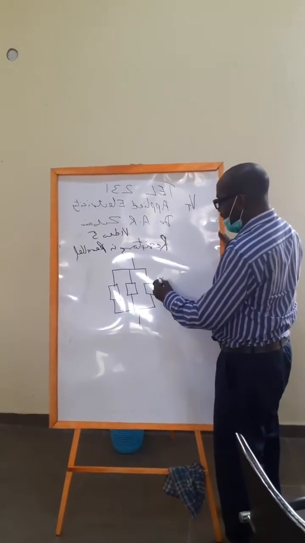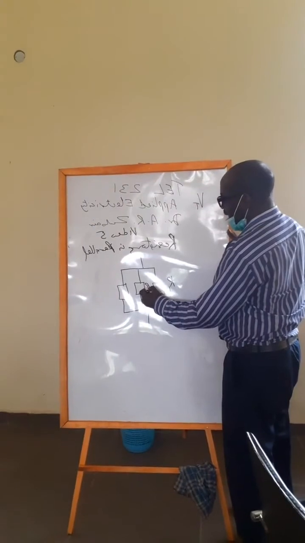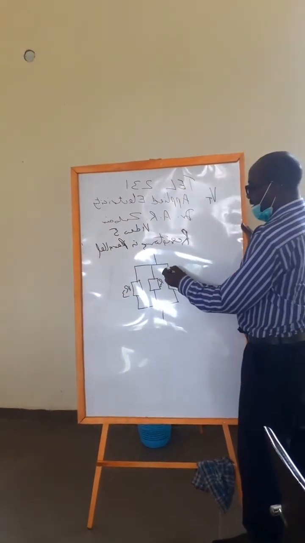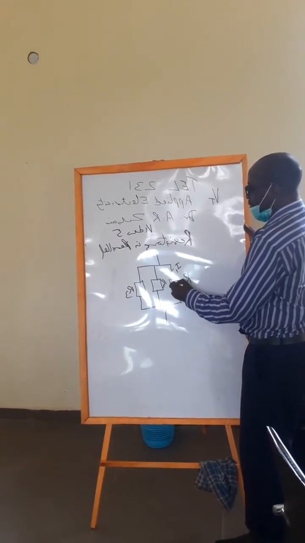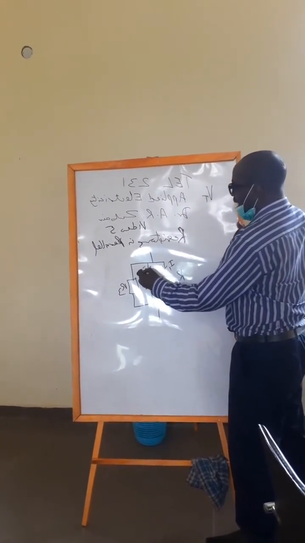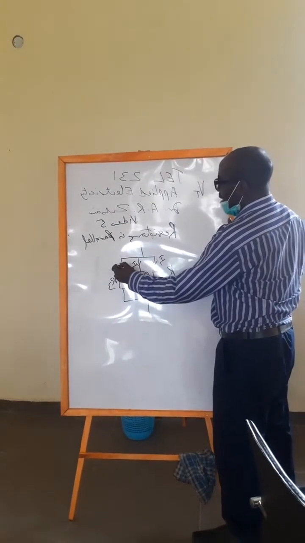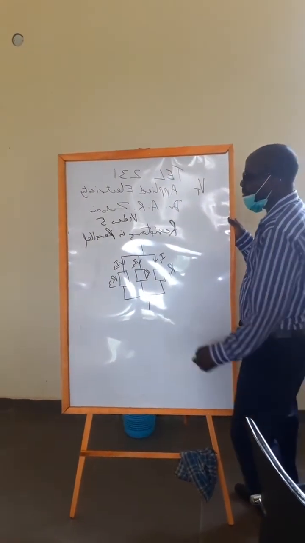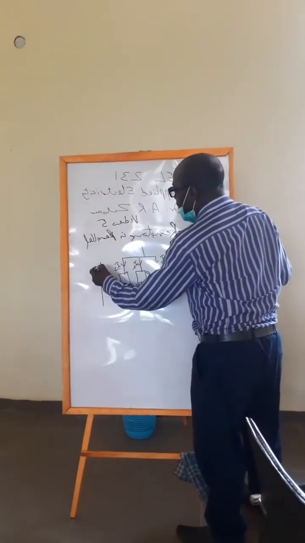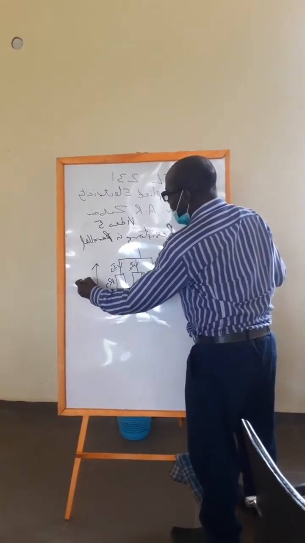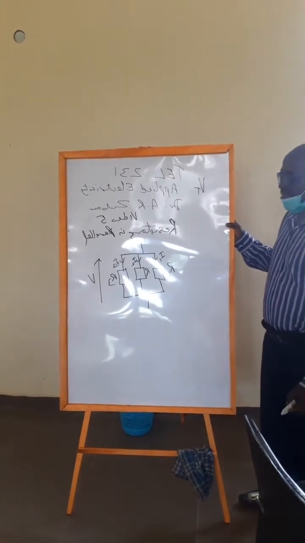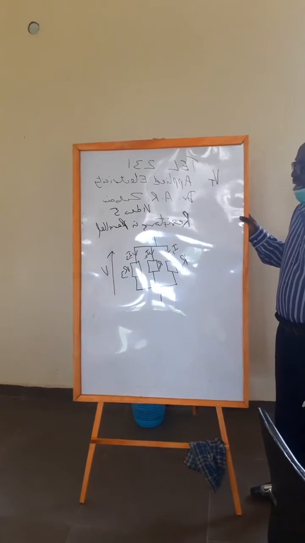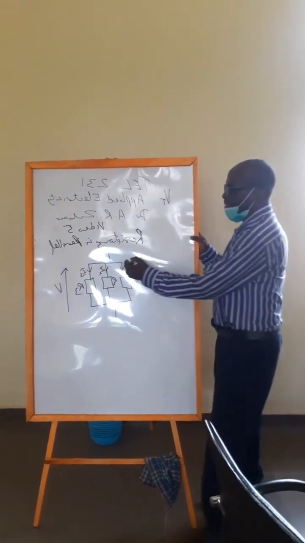So if this is R1, this is R2, this is R3, current I1 will go through this, current I2 will go through this, current I3 will go through that. But the same voltage will be across them, because they are connected across the same point.